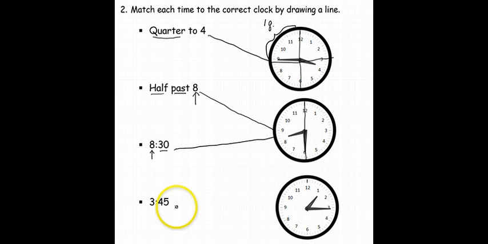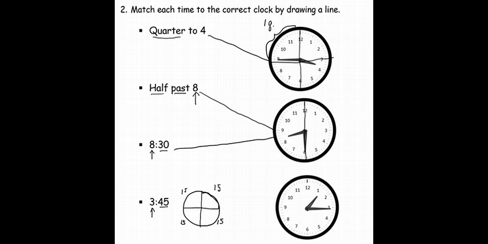And then our last clock is 3:45. Well, I know that my time is going to be after 3 o'clock, and it's going to be 45 minutes past the 3. And again, if you think about quarters of a clock, if I divide my clock into quarters, here I would have 15, 15, 15, and 15 minutes.